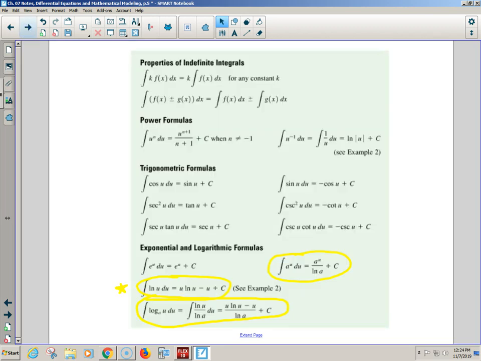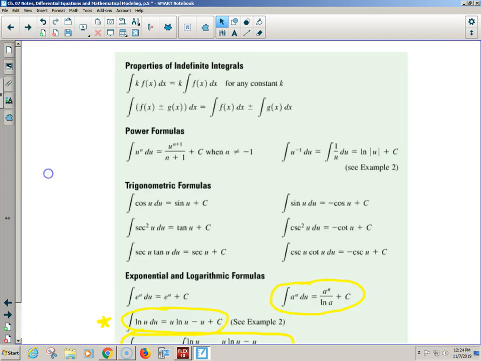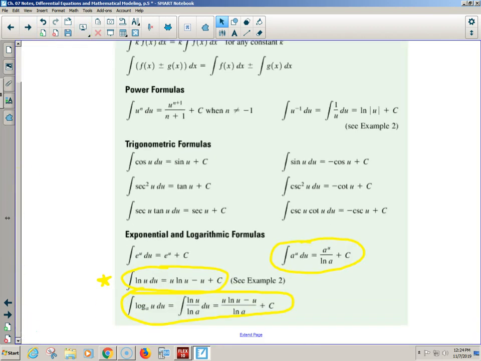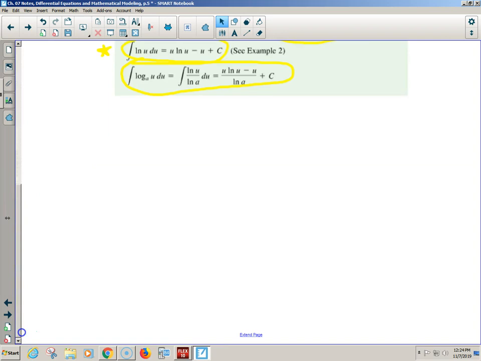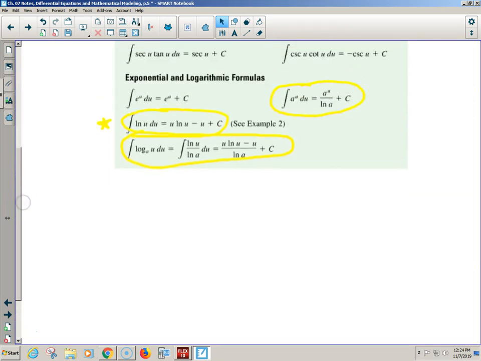We do have the basic rules that we've already seen before, like u to the negative 1 or 1 over u, that needs to go to ln. We have the basic power rule. We have our trig rules backwards. However, what do you see here at the bottom that looks new? A guy that some of us messed up on last night, right?